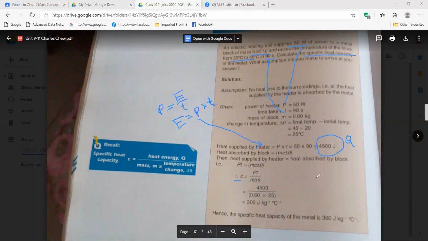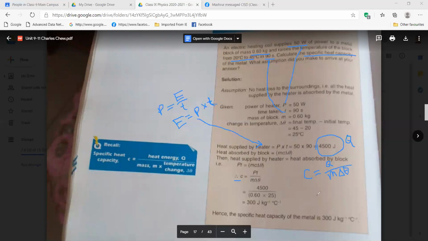So we have this formula: C equals what? Q by m del theta. Here m is the mass and del is theta. Specific heat capacity, C equals Q by m del theta.